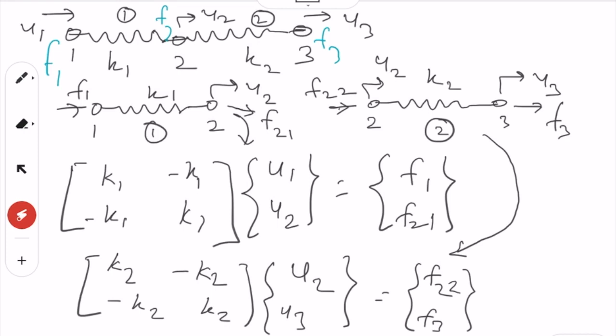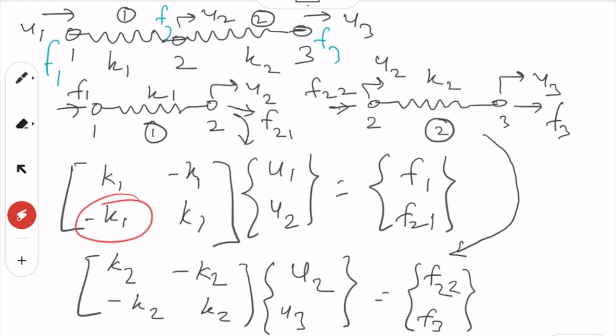So, in these two equations, this multiplied by this and this multiplied by this, only minus k1 is the coefficient of u1, right. So, u1 is only here, that means it is going to be multiplied by this one. So, minus k1 is the coefficient of u1.